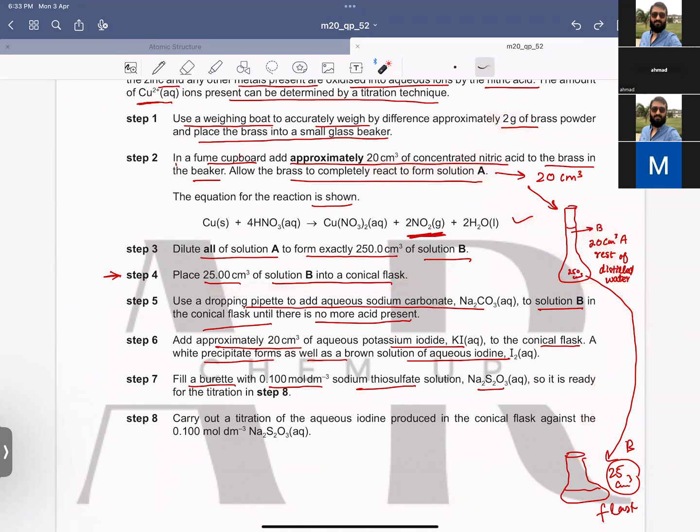Then what we do, see over here, we fill the burette with sodium thiosulfate, and that thiosulfate would be added into this conical flask for the reaction to occur, right? Yes, Mariam? Yes, sir. And the volume of this thiosulfate used is 19.90, right?